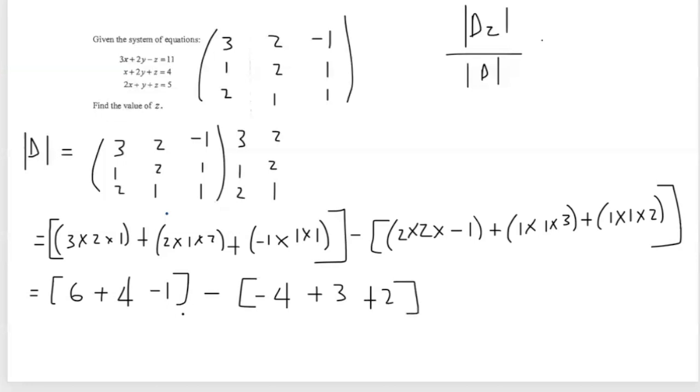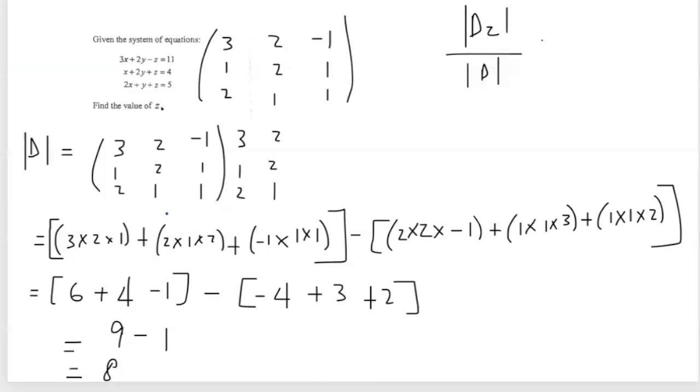So working this out, we have 6 plus 4, that's 10, minus 1, that's 9, minus 4 plus 3, that's negative 1, and negative 1 plus 2, that's 1. So we have minus 1 to give me 8, which is the same as the previous method that we used.